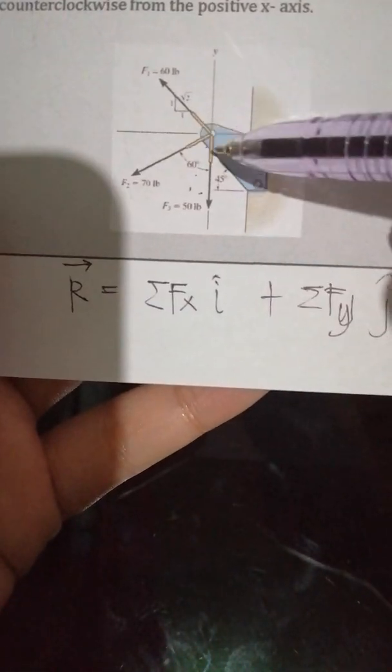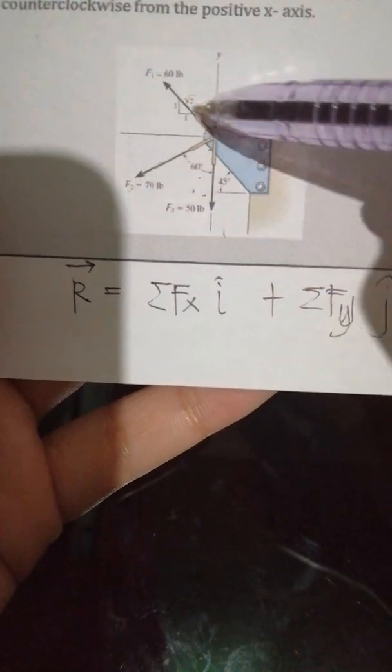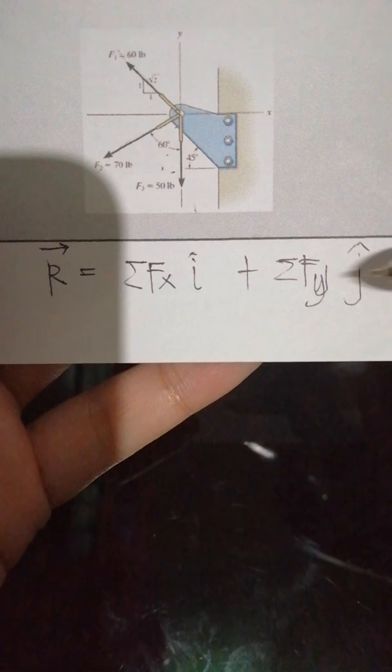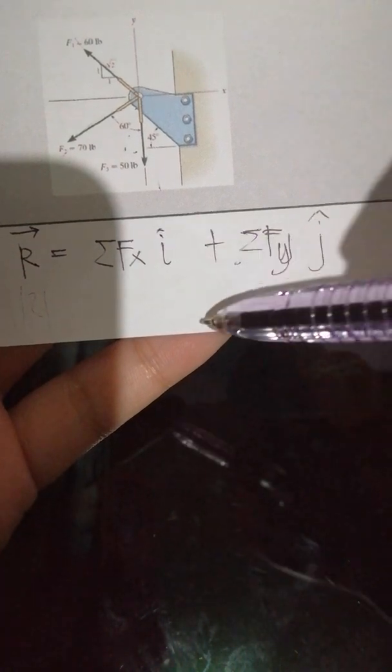Just add all the x components, that is i hat, then add all the j components, y components, that is j hat. Okay? So, first get the vector form of the 3. Then, add all the i, add all the j. Get the magnitude. So, x component squared plus y component squared, square root of that is the magnitude.